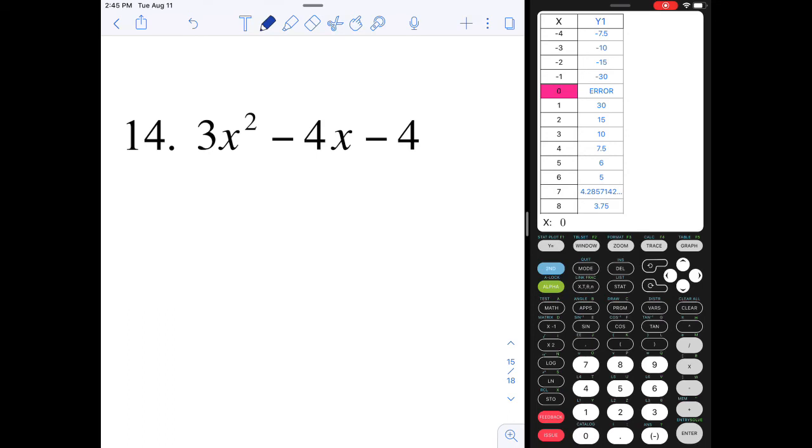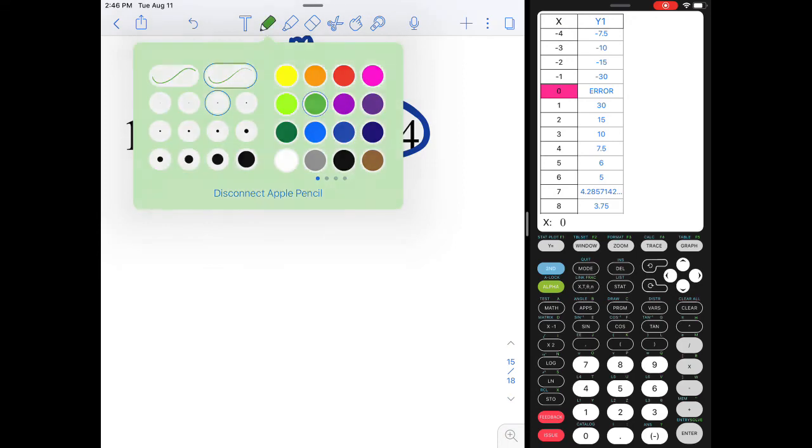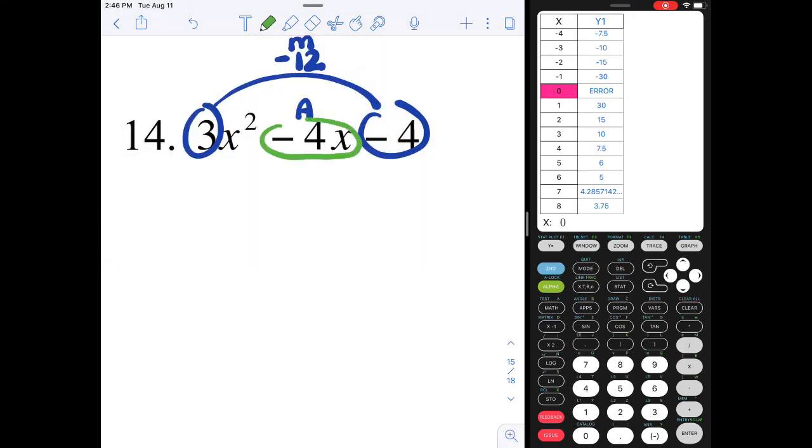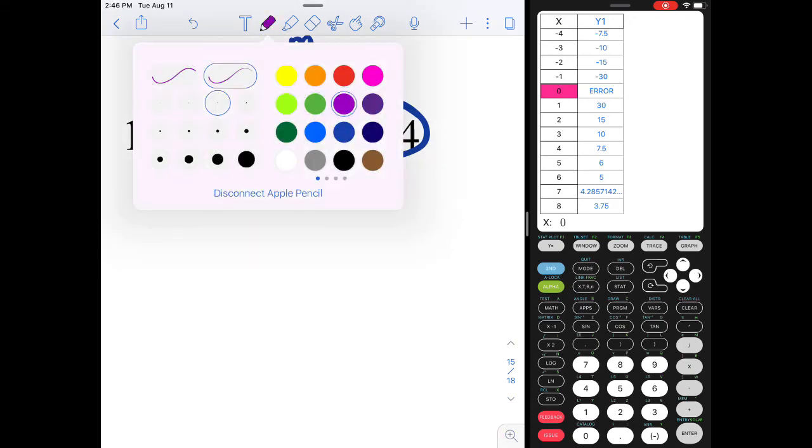You're first going to think about the fact that you're still going to add to your middle term. That does not change. But instead of multiplying to the last term, you have to multiply the 3 and negative 4 together to become negative 12, and that becomes your m. So you ask yourself, what multiplies to negative 12 and adds up to make negative 4x? Remember, the idea is you want to split up that negative 4x.